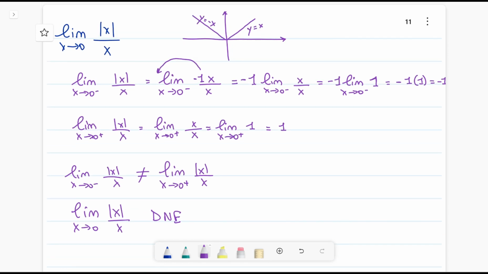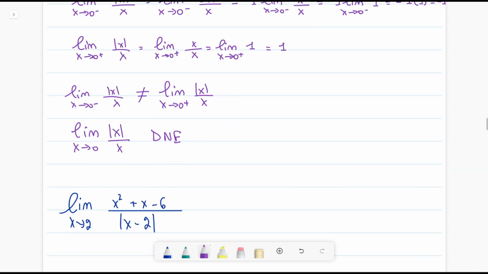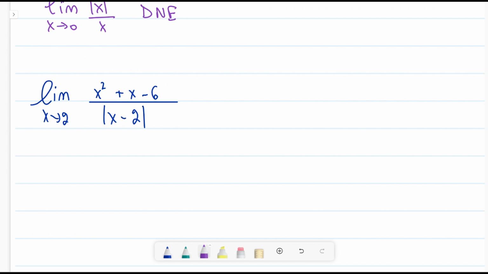And this is the technique which you should always use whenever you are dealing with absolute values. So this is another function with an absolute value. We might as well use the same technique. So this is equal to the limit.